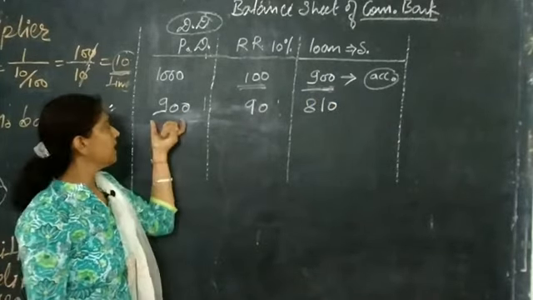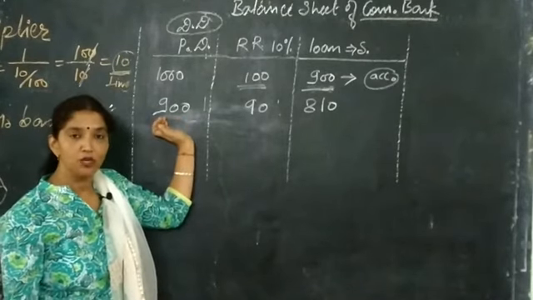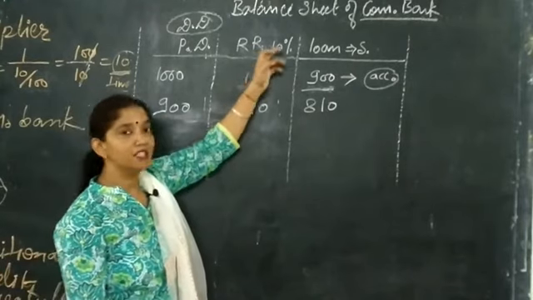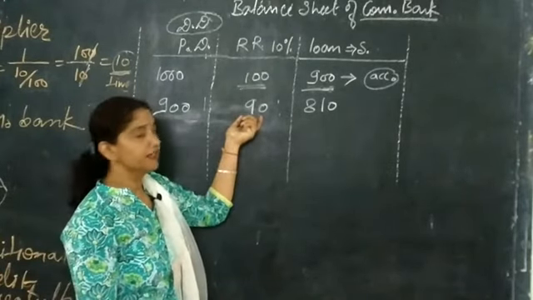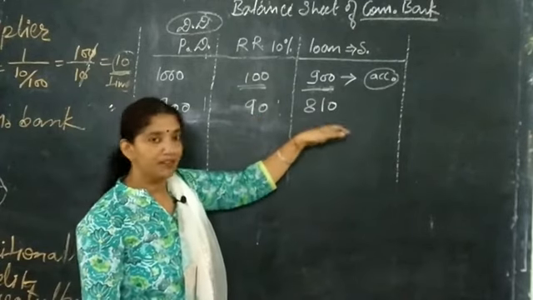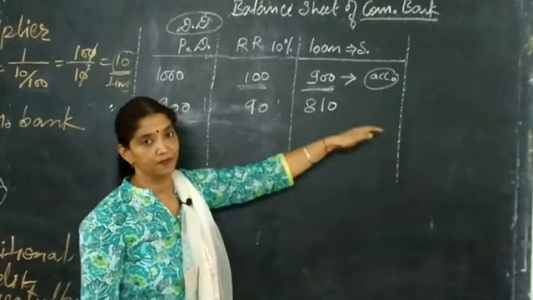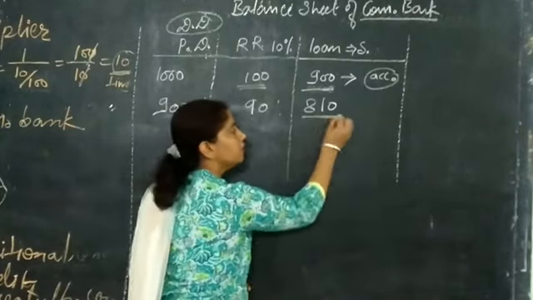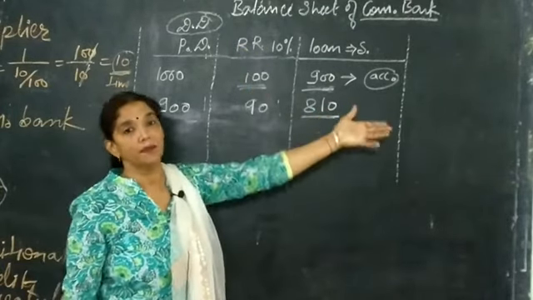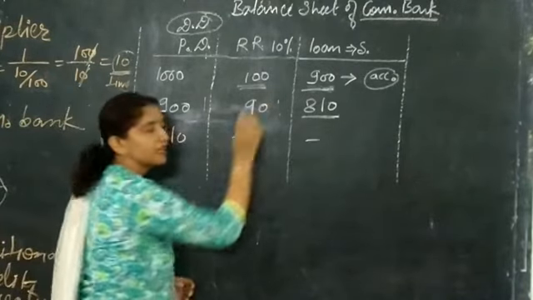It means if a customer deposits 900 rupees into a commercial bank, then 10% the bank has to keep as reserve requirement with itself, and the remaining amount will be provided as a loan to another person. This 810 rupees will be the demand deposits of another person, and this procedure will continue.